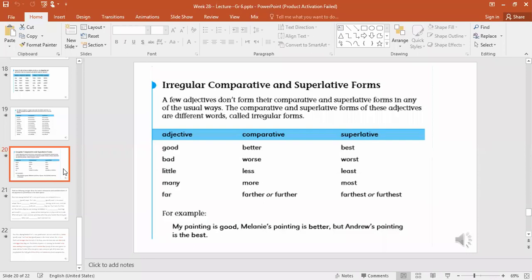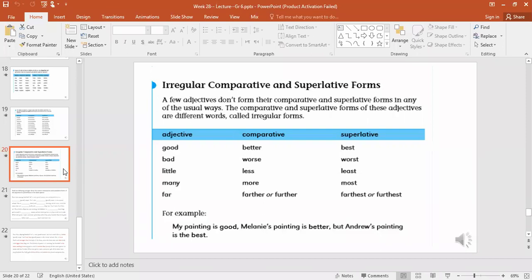Now we move to the last part, which is the irregular comparative and superlative forms. These adjectives should be memorized. Why? Because these adjectives are not changed into the comparative and superlative form by adding ER or EST, or by adding more or most. These adjectives are changed completely. You do not say, for example, good, gooder, goodest.